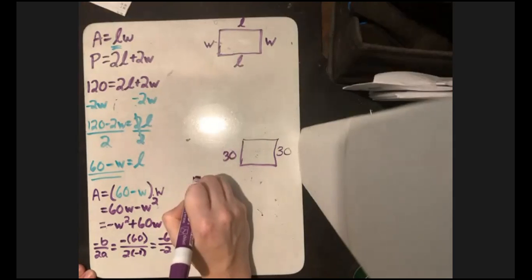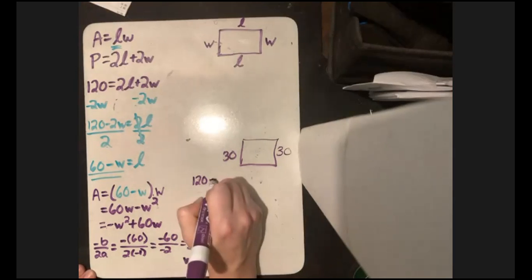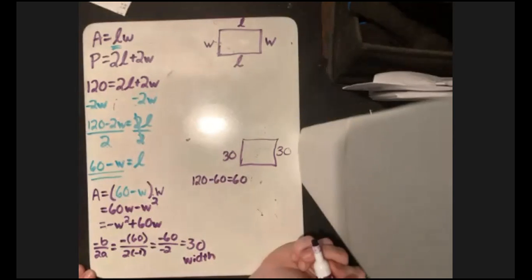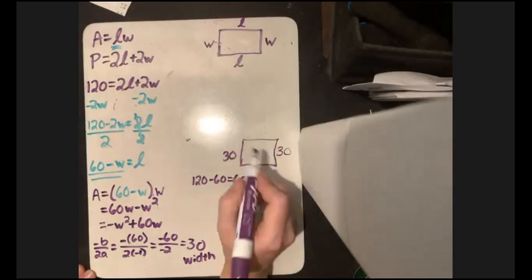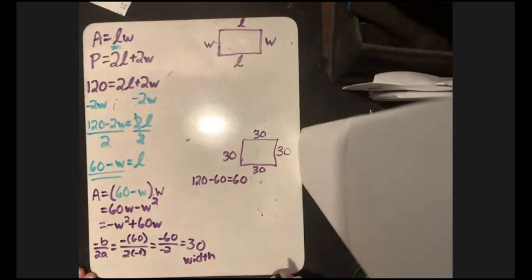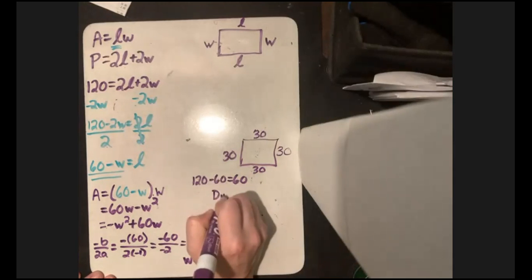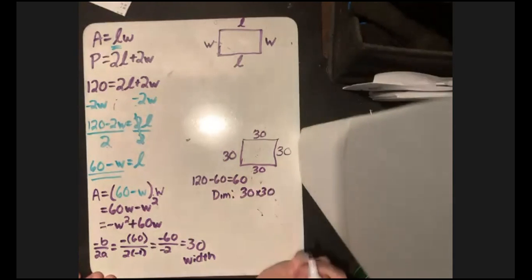So if I take that 120 feet that I have, and I subtract off the 60 feet that I've already used, that leaves me 60. And that has to get divided evenly between the two sides, which means both of these are also 30. So we're actually building a square. Now, if I want to know my dimensions, we're doing a 30 by 30.